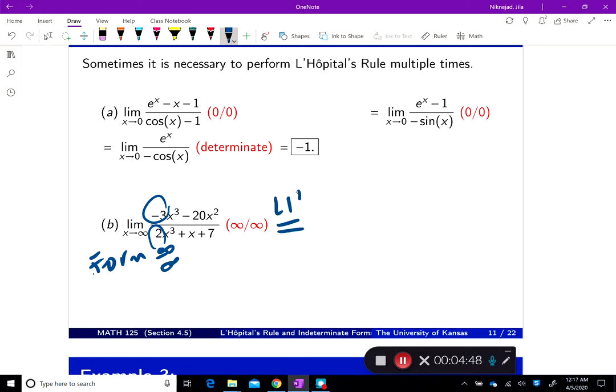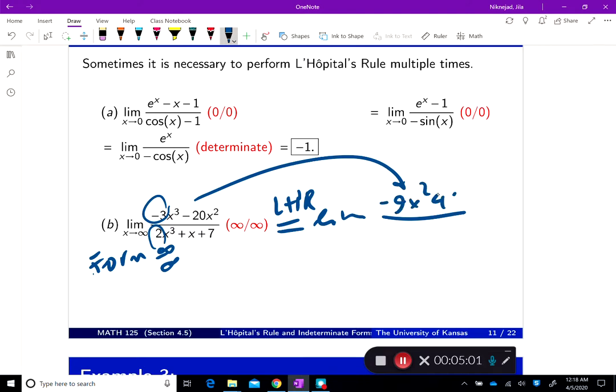So do a L'Hopital rule, and we get the limit of the derivative of the top. I'm not writing the word derivative, I'm just doing the derivative, and minus 40x, and the derivative of the bottom is 6x squared plus 1, as x approaches infinity.